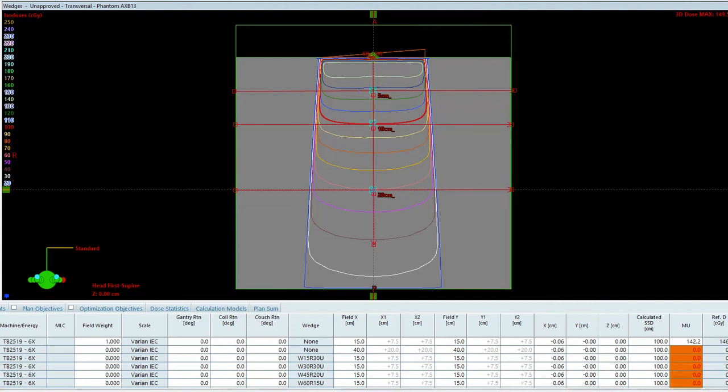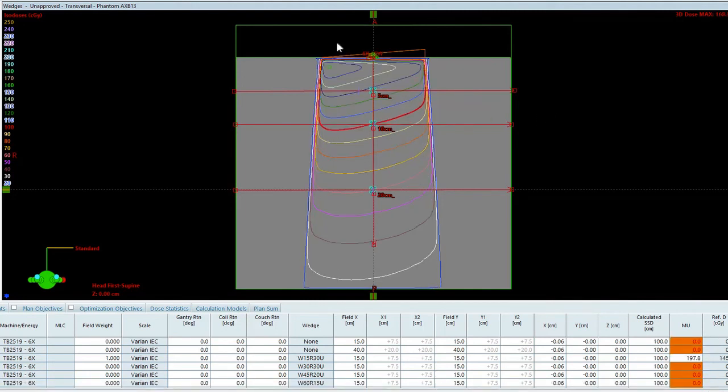So if I weight a 6x 15 wedge, and I take my angle measurement tool, and this isn't going to be perfect, but at least it'll help illustrate, what we're looking at is how much the isodose lines tilt.